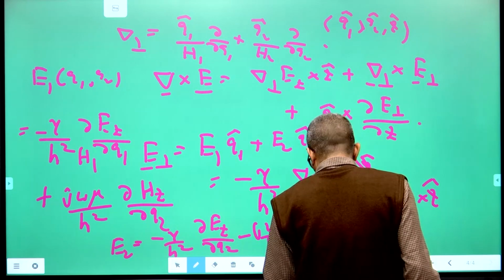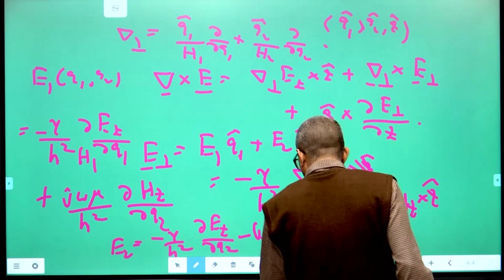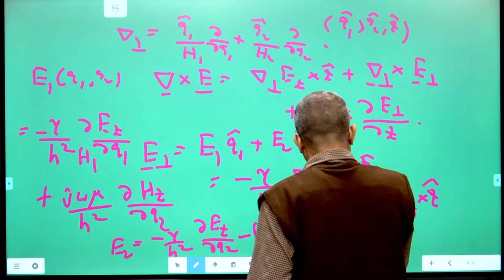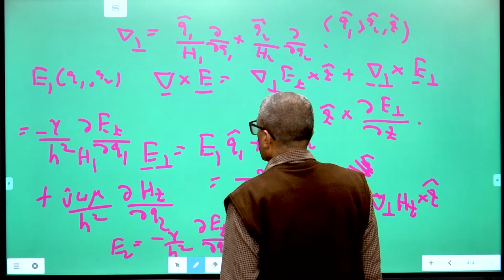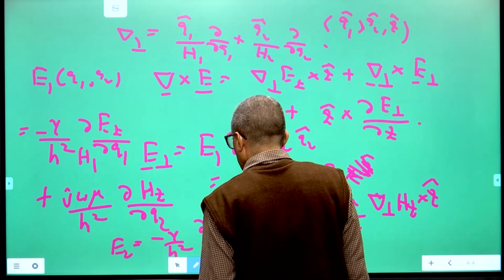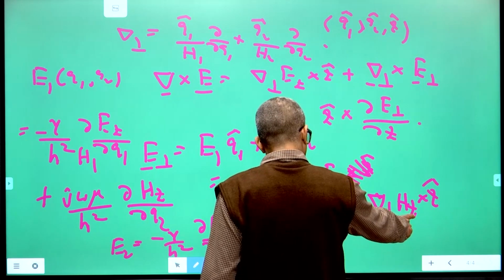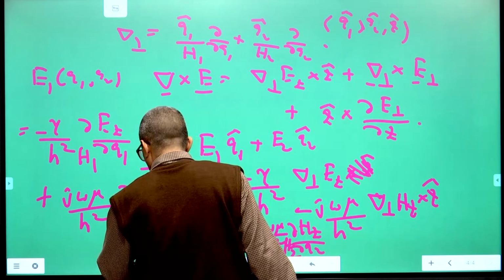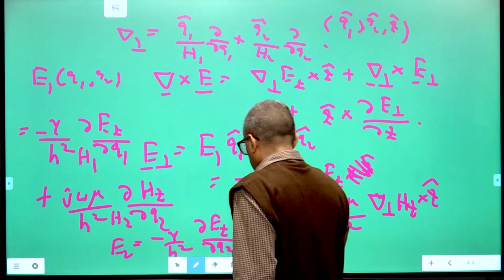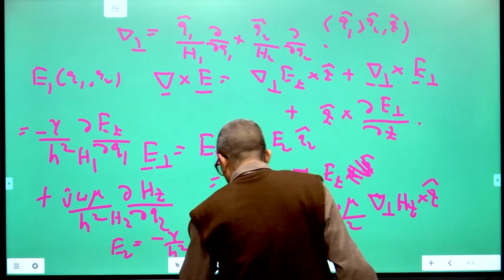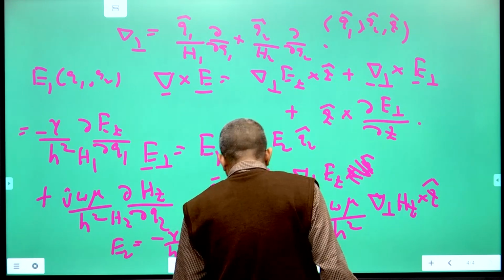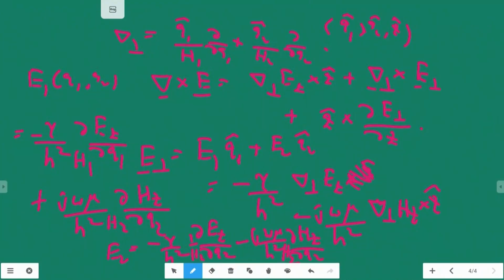Of course, you will have to put an h2 factor in the denominator. E2 is ∂Ez/∂q2, which you have to divide by h2, and here you have ∂Hz/∂q1; q1 cross z cap is minus q2, so it will be plus, and h1 will come out in the denominator.